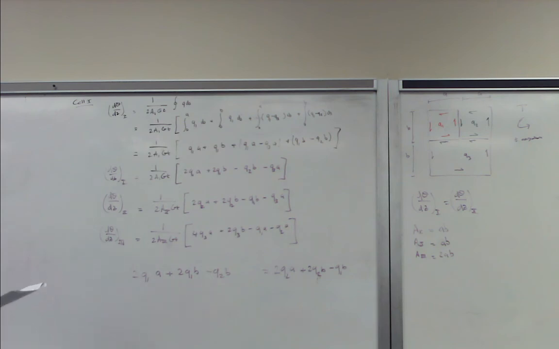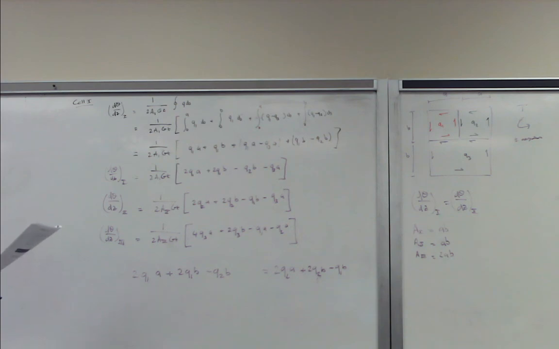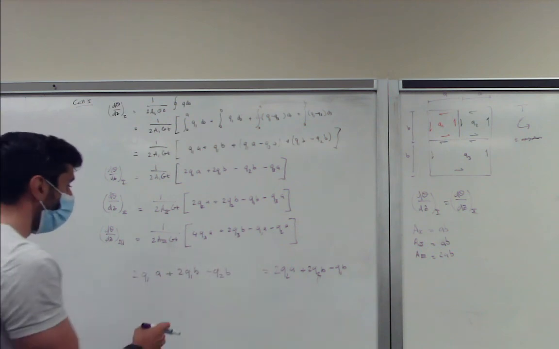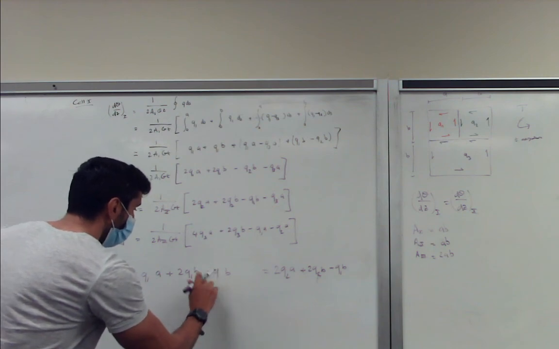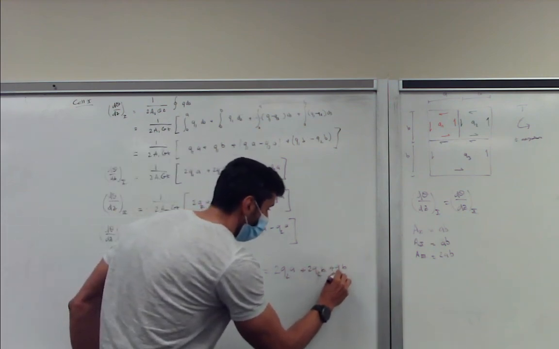So we can basically get an equality between Q1 and Q2. Let's take all the Q1s on the left hand side, all the Q2s on the right hand side. So we get here plus Q1B, and here we get plus Q2B.